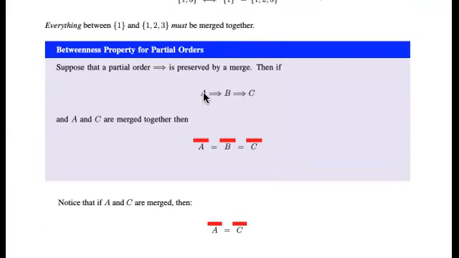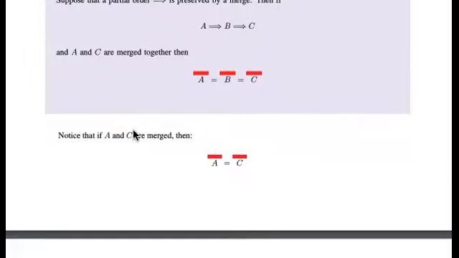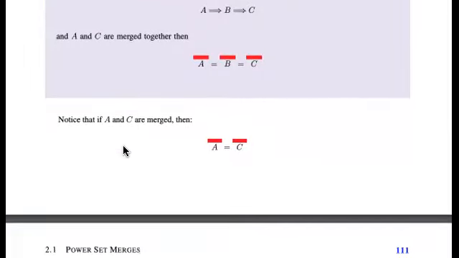B will have to merge to both of these guys, because when A and C are merged together, then C comes over here, and that actually produces an arrow backwards from B to A and from A to B. And if they're distinct, anti-symmetry would be defied, which we don't want if we want to preserve partial ordering. So the only way to make that work is we've got to merge everything together here. We'll call that the betweenness property for partial orders when we're doing merges, and we want those merges to preserve the idea of being a partial order.